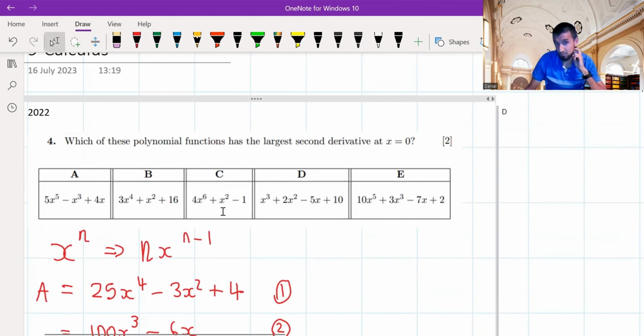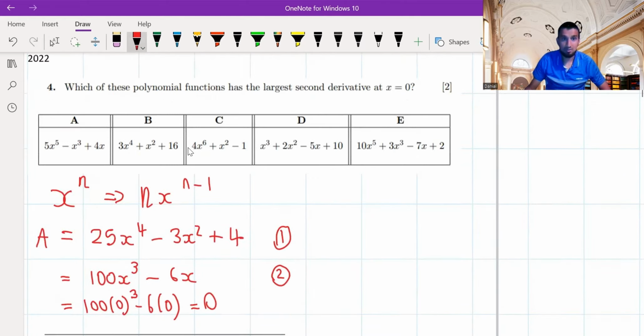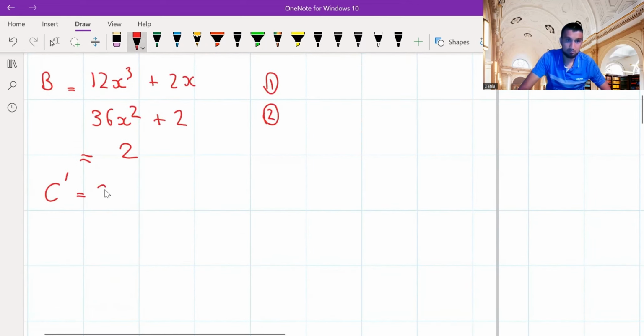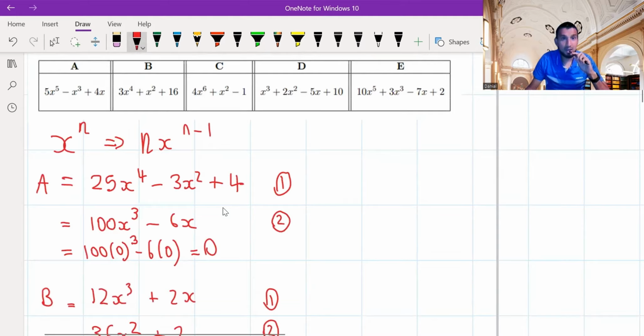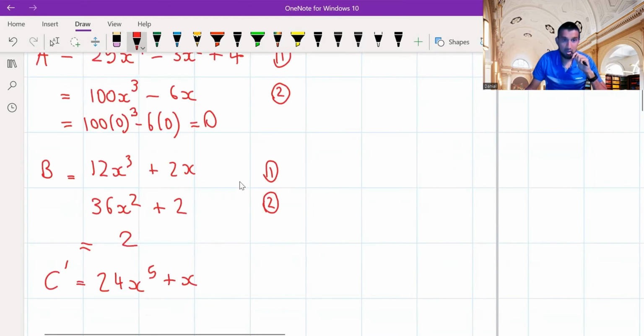Okay, the next one, c, 4x to the power of 6 plus x squared minus 1. 4x to the power of 6 will become 24x to the power of 5, and then x squared will become just plus x, and then the minus 1 will be left as 0.